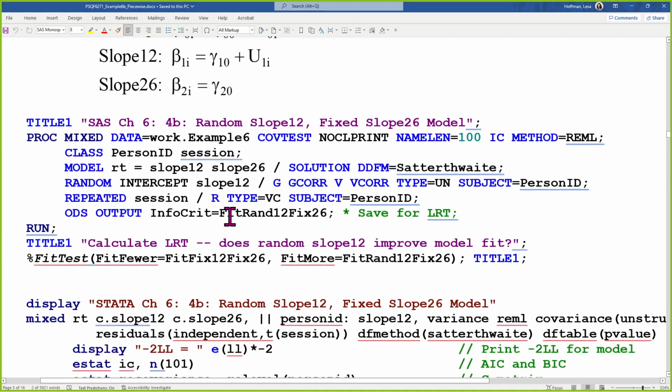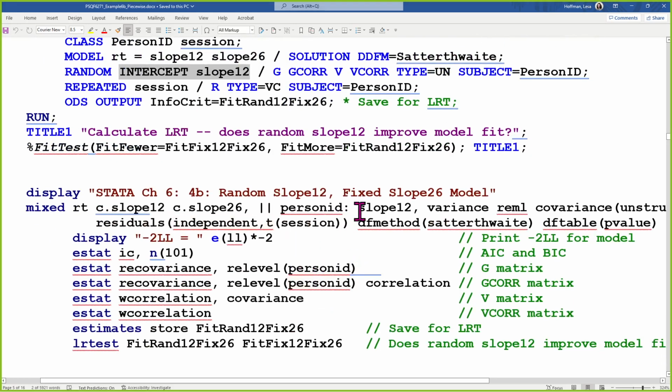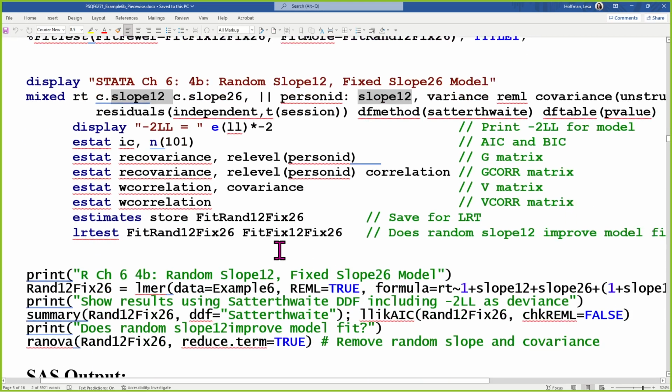All right, so let's see what happened. We have slope 1, 2 now as a random effect, which shows up on the random line. Random line has 2 things on it. That's another way you know that you've just added 2 parameters. In Stata, slope 1, 2 is now after the person ID section here, so it's in 2 different places because it's doing 2 different things. I'm also asking for a likelihood ratio test against the previous model where we didn't have any random slopes yet.